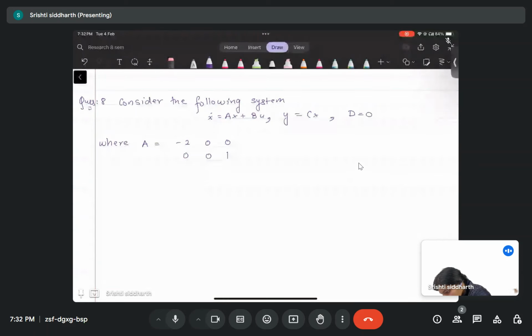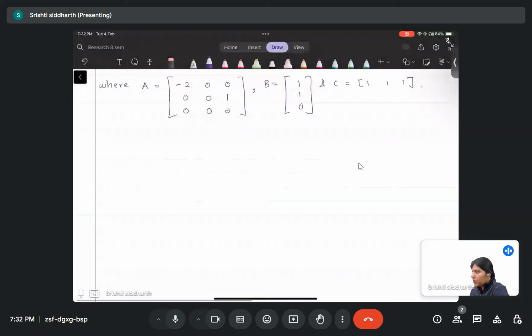B is the column vector 1, 1, 0, and C is 1, 1, 1 as in the previous question. Okay, so we have three parts to this question.